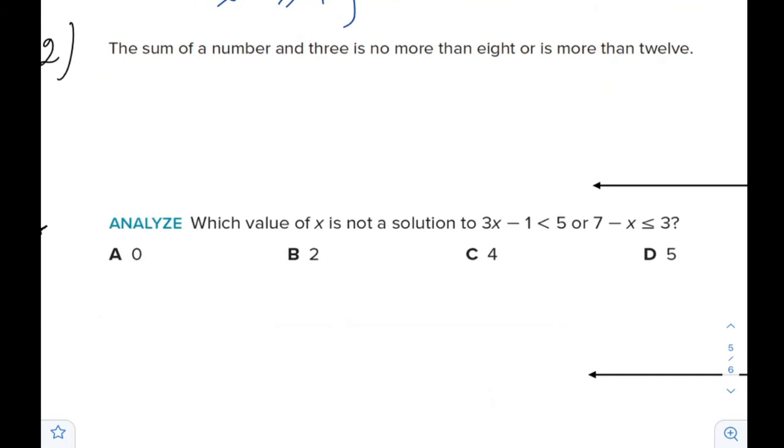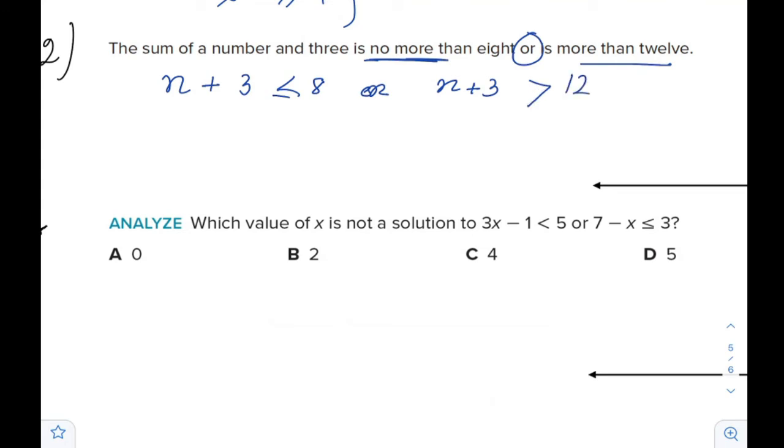The sum of a number and 3, so a number, let's say n plus 3, is no more than 8. So it can be less than or equal to 8. Or the same quantity is more than 12, more than only, so it's greater than only, without equal.